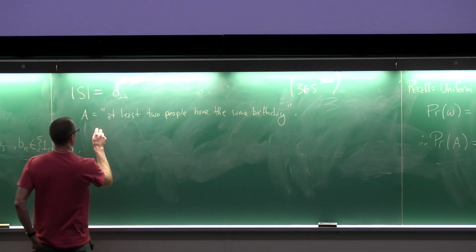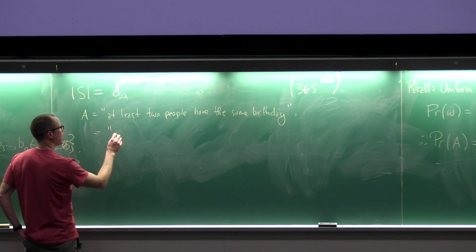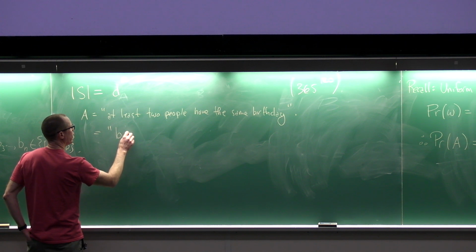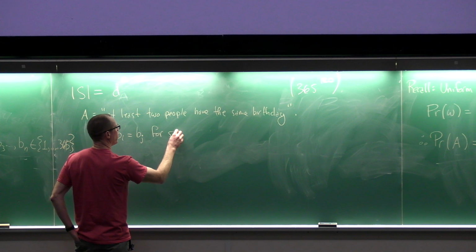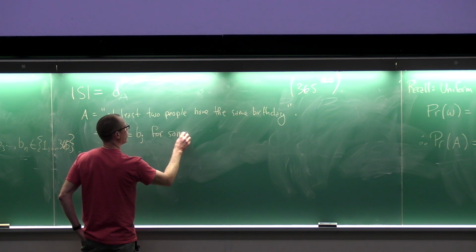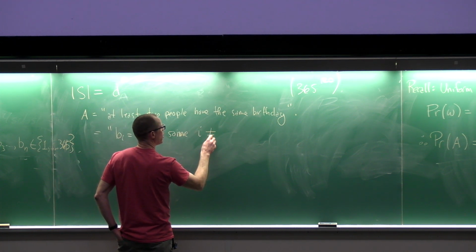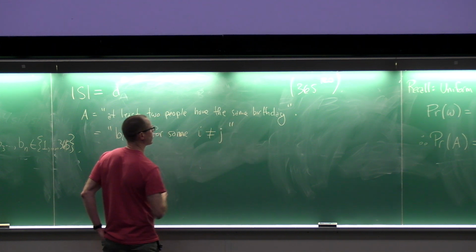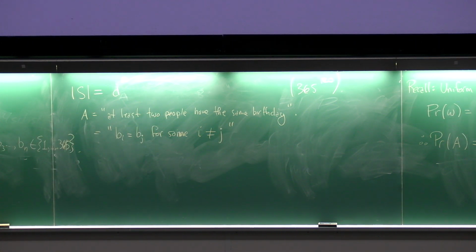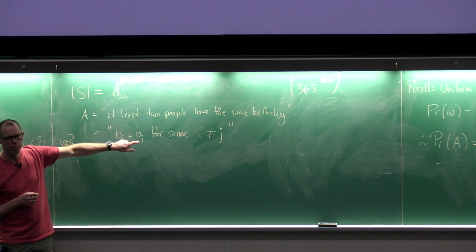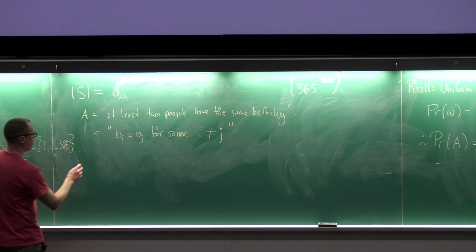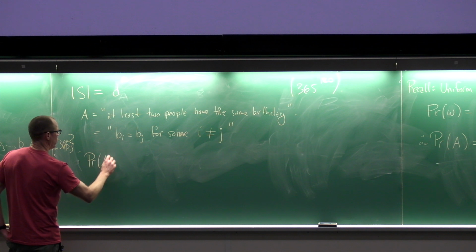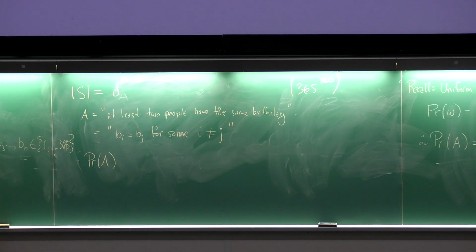And another way of writing that is that's the same as saying that Bi is equal to Bj for some i not equal to j. So one person's birthday is the same as a different person's birthday. All right. And I would like to know what's the probability of A.